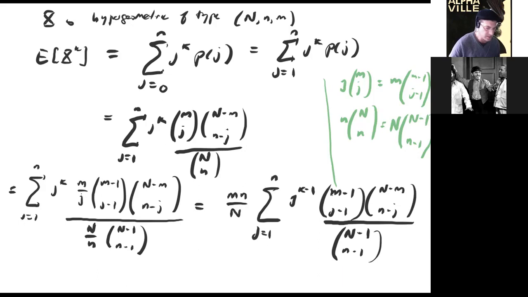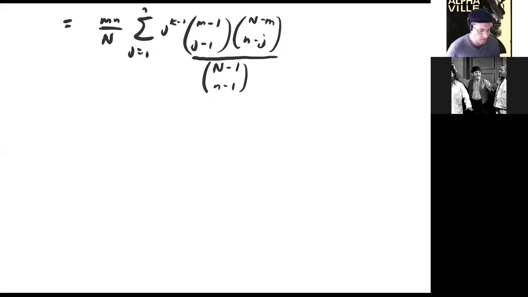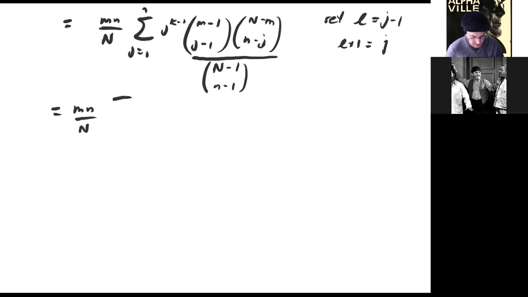And the rest of it is just now to do a little bit of rewriting. So I have just rewritten at the top what we had derived on the previous slide. And now I'm going to set l equal to j minus 1, or in other words, j equals l plus 1. So what do we get? It's mn over N. The sum is not indexed over j anymore, it's indexed over l.